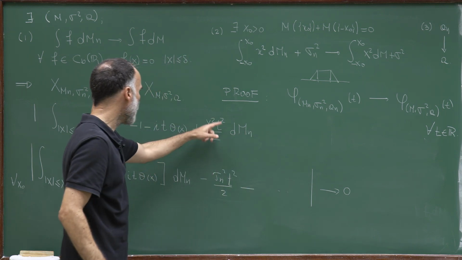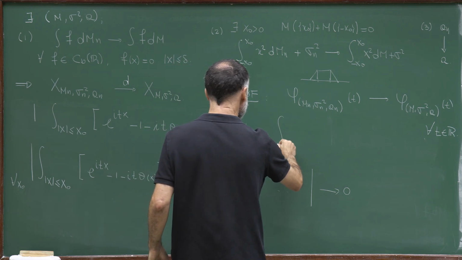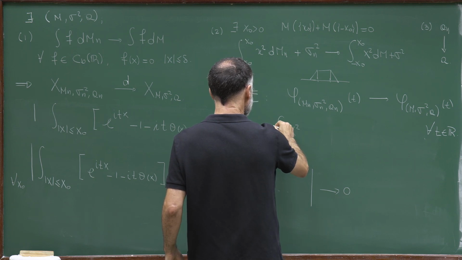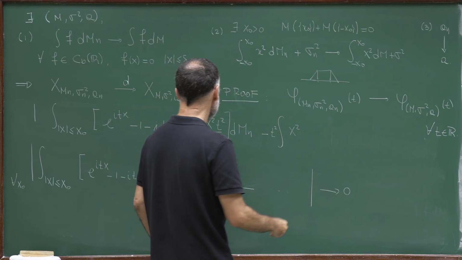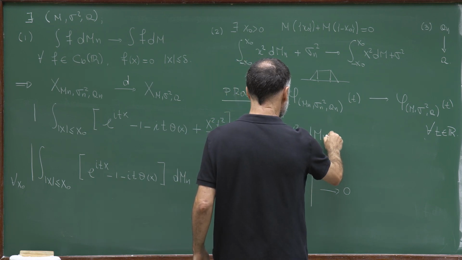And then since I added this term to this integral, I'll take it out. So minus x squared. Let me place t squared outside. Sigma squared divided by 2 dmn.